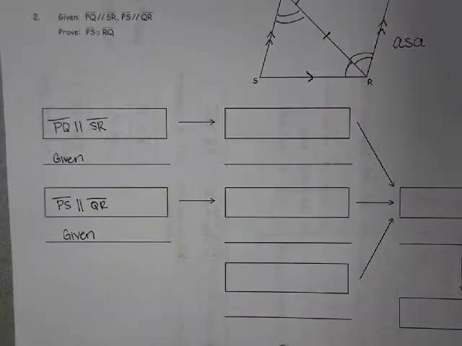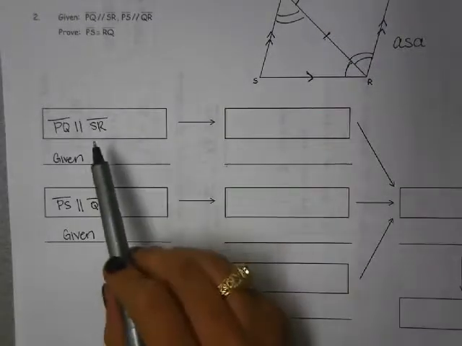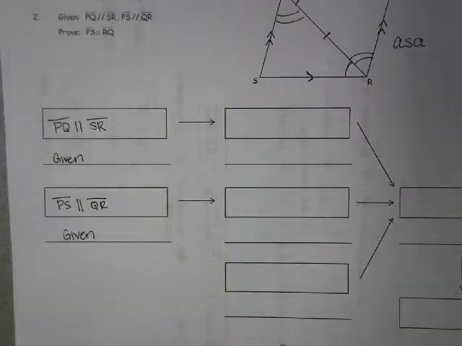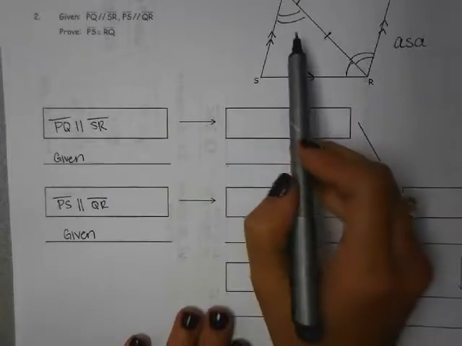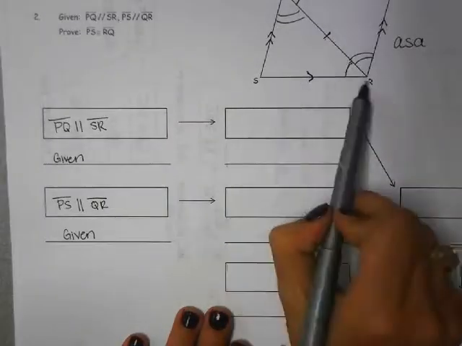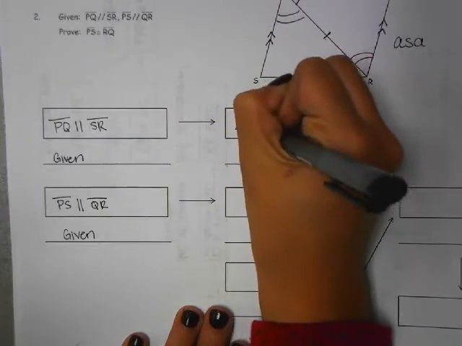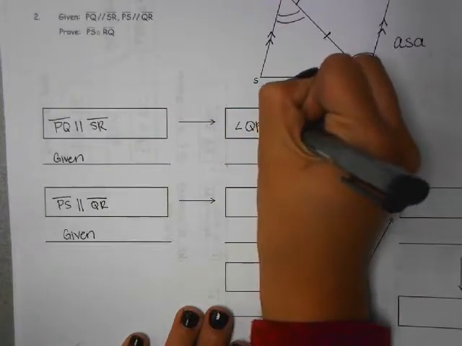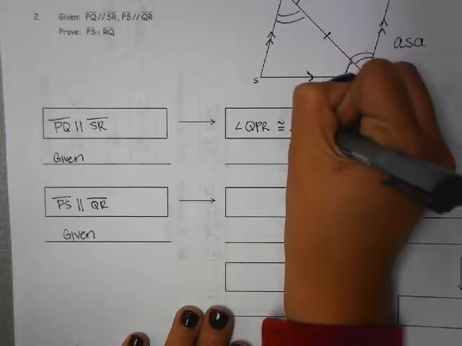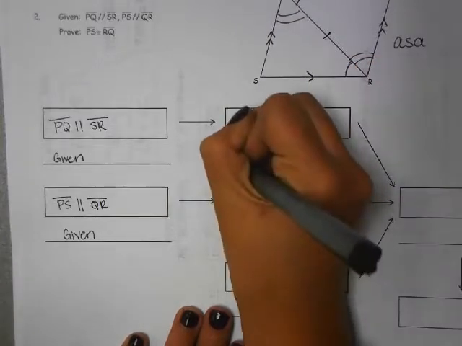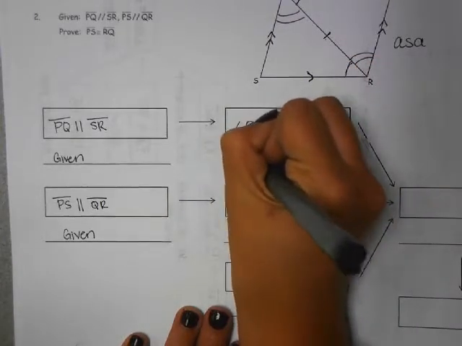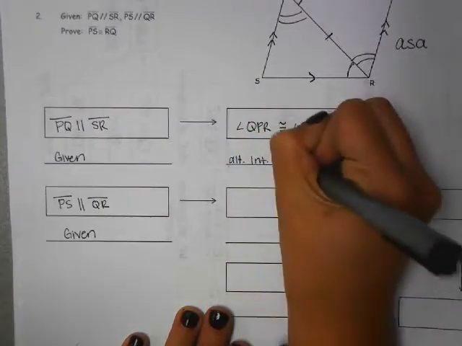Okay? So then, from here, let's look at the angles that we were given. So because PQ is parallel to SR, we know that angle QPR is congruent to angle SRP. And this is by the alternate interior angle theorem.